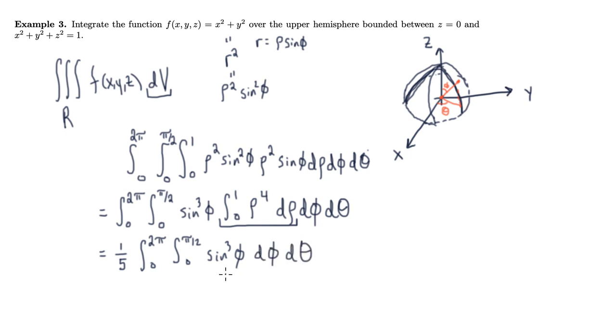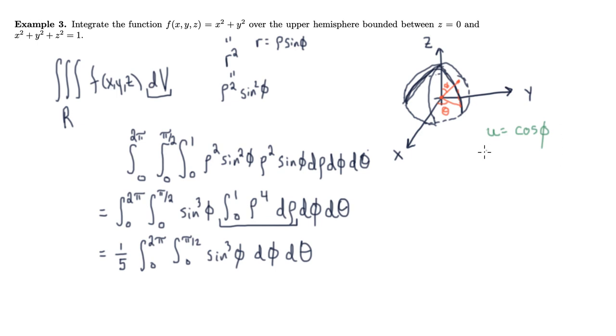So how do we integrate sine cubed? This is a good Calc 2 question. Well, what we want to do, I'll do it up here, is a u substitution, and we want to let u equal cosine phi. So why in the world would I do that?